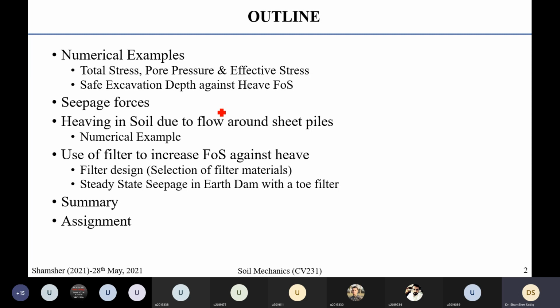Then there is an extremely important phenomenon to control these built up seepage stresses in earth dams and to avoid failure against piping or seepage. We provide a filter at the toe of the dam, so we really need to know the design criteria. We will talk about that also.